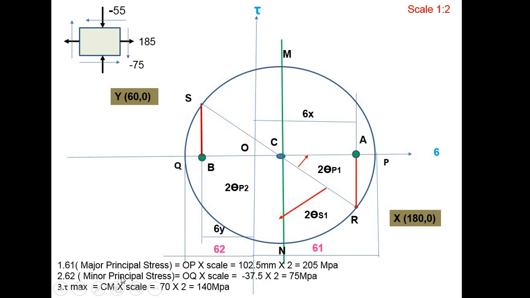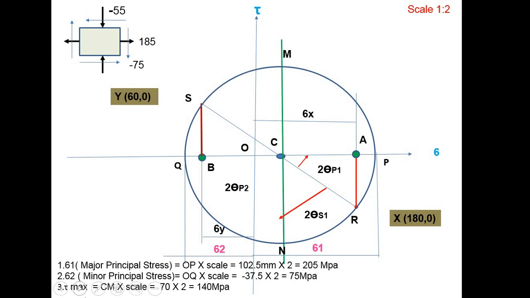Sigma 2, the minor principal stress: this OQ distance is the minor principal stress. We measure this distance by scale. I got minus 37.5, and multiplying by the scale factor 2, we get sigma 2 equal to 75 MPa.